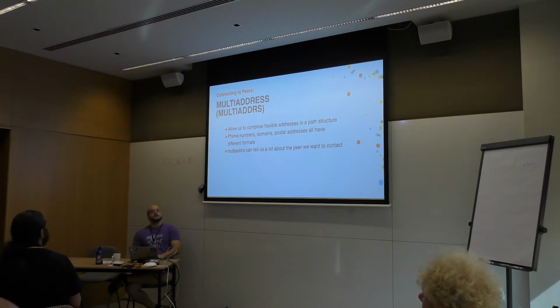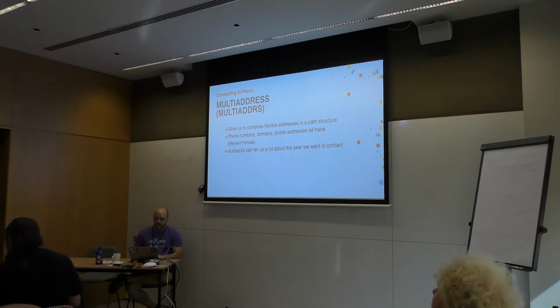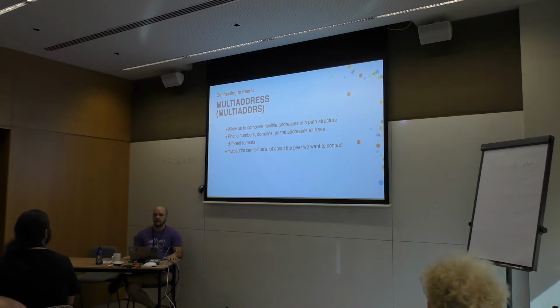So this is where multi-addresses come in, commonly referred to as multiaddrs. What multi-addresses do is they let us compose flexible addresses. As a species, our communication has changed a lot over time, and the address of those forms of communication has changed.